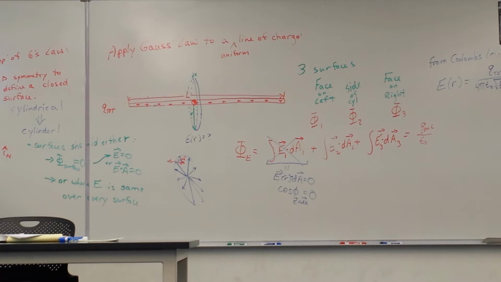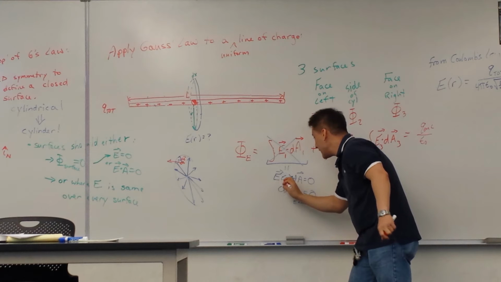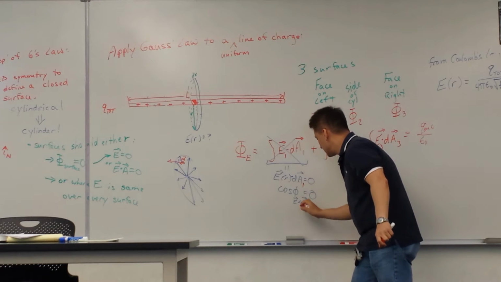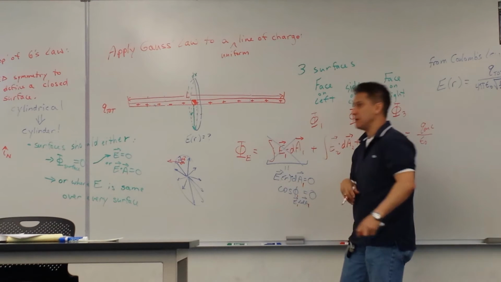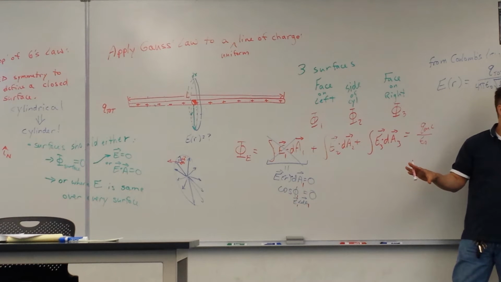So the only definable direction is outward. And it's the only way we can justify making it an area vector, if you will. Probably should put a 1 in here. But the bottom line is that it effectively washes out.